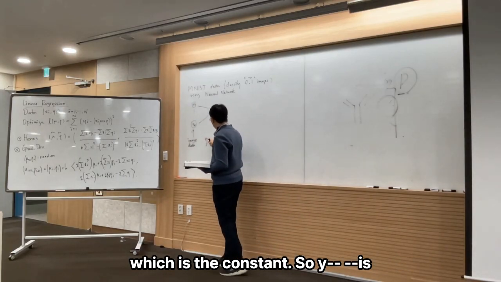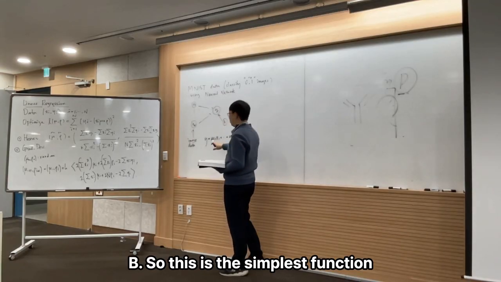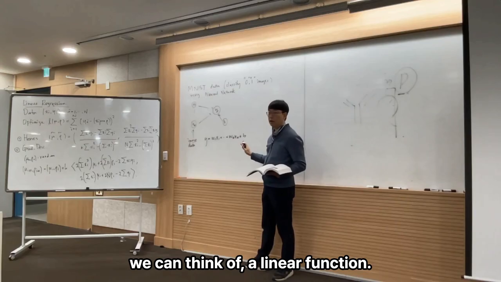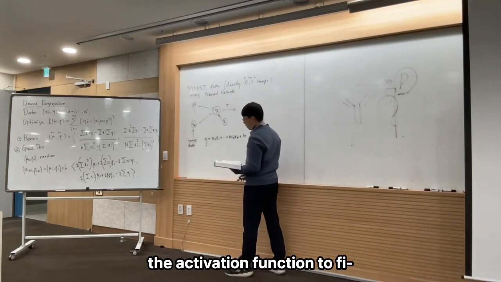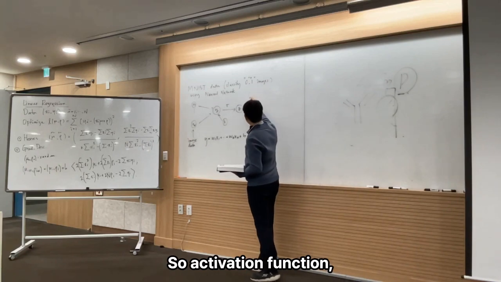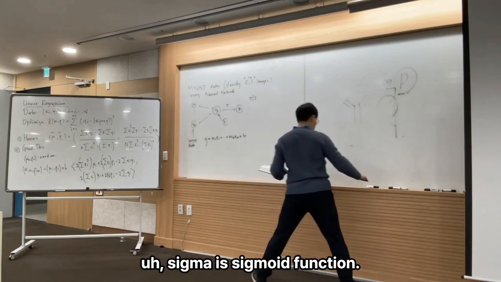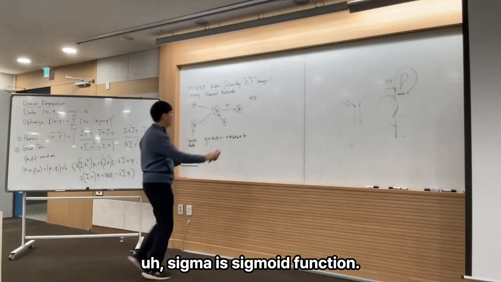So y is w1 x1 plus up to wn xn plus b. This is the simplest function we can think of, the linear function. And then we're going to use the activation function to get the final result. The activation function sigma is the sigmoid function.